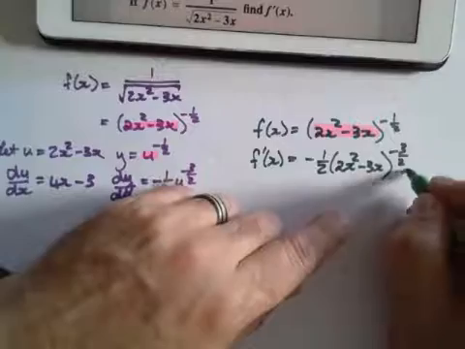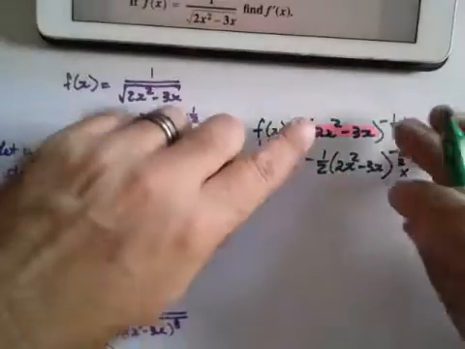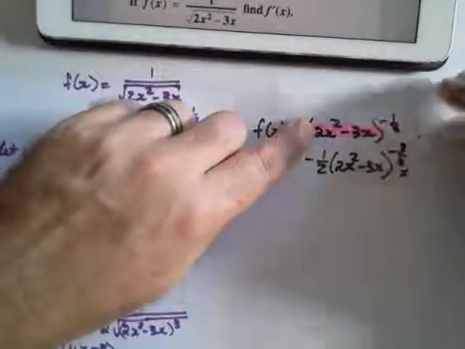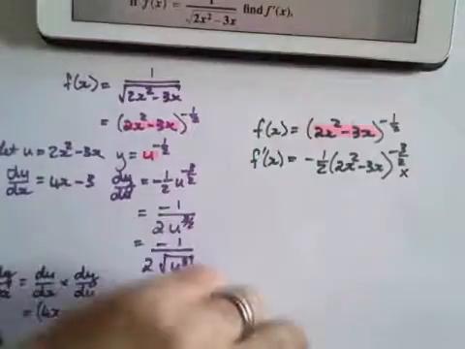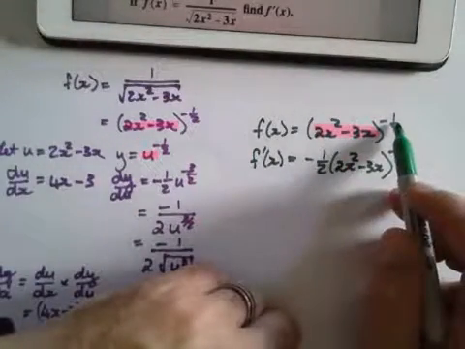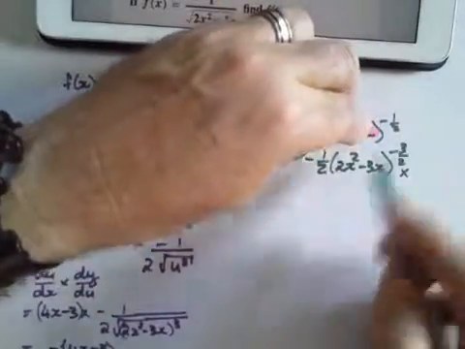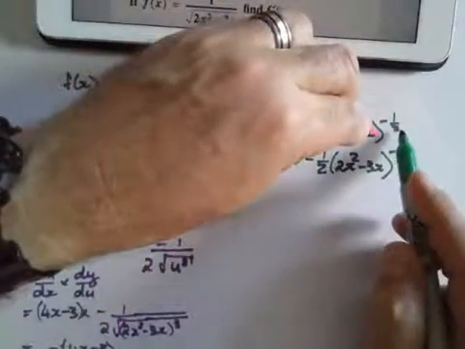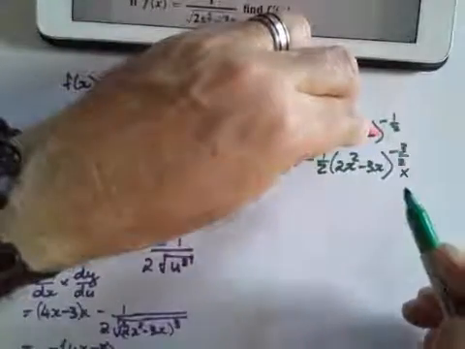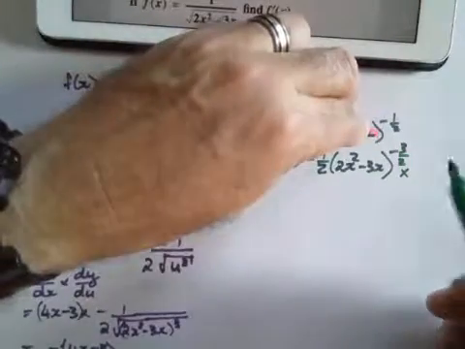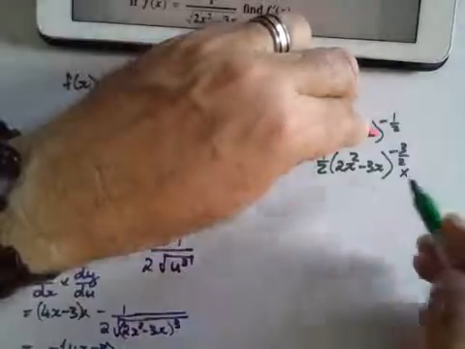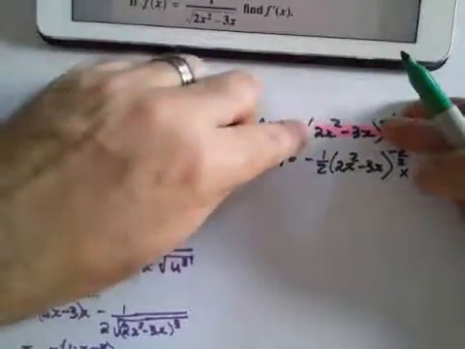Now I still have to differentiate the inside. That's how you do the inside-outside. So I say something to the power minus a half, handle this as a thing. Minus half comes to the front. I take away 1, or 2 over 2. And then I'm still going to multiply by the derivative of that thing.